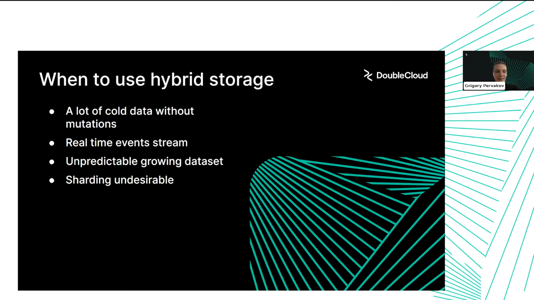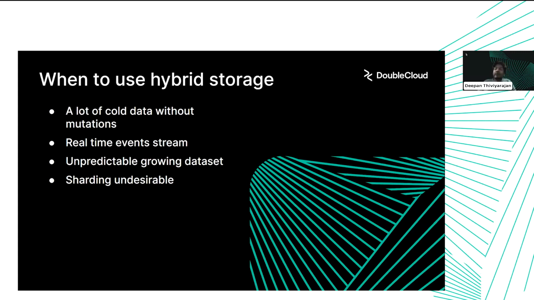And another case, if sharding in your cluster is not desirable for some reason, like it's not obvious how to choose a sharding key, or it's impossible to predict how many shards you need and you don't want to reshard often, you can consider hybrid storage to store more data than the local disks allow, keep everything in a single shard and make exploitation of your cluster a bit easier.